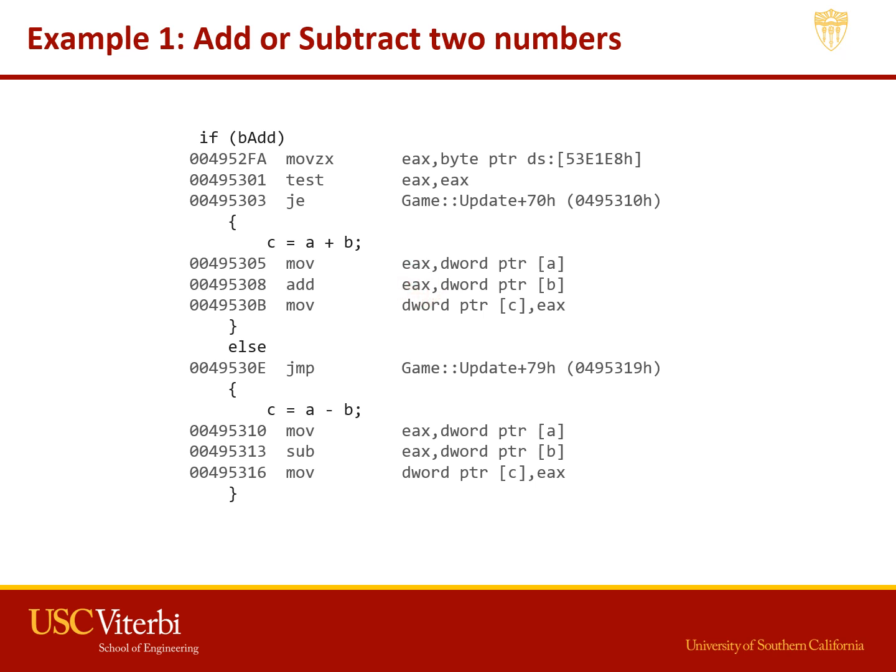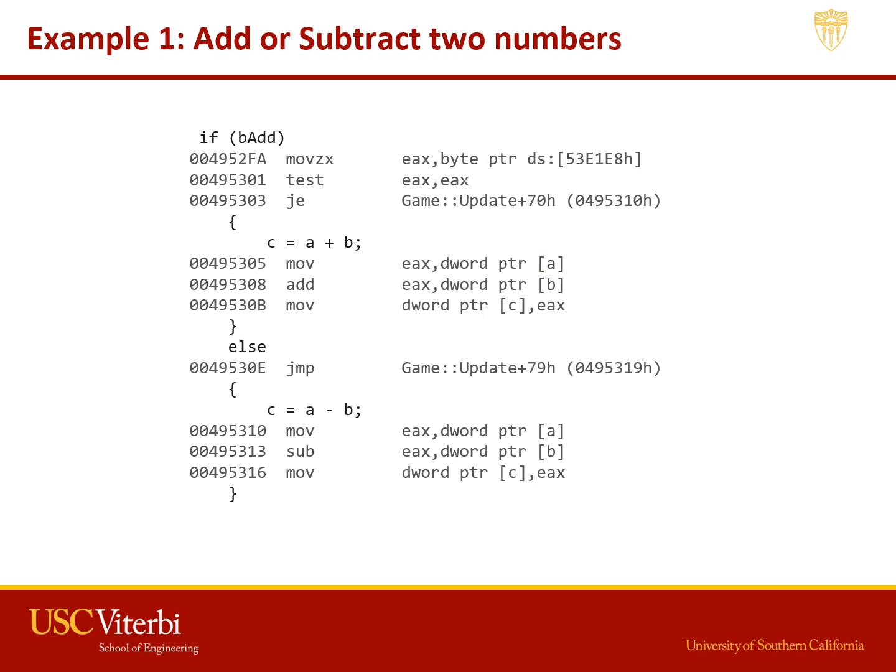So EAX now holds A plus B. Okay, last instruction, move into a pointer C. So we're going out to memory, destination first, out to memory at something called C from EAX. Okay, so C equals whatever's in there. What is in there? That is A plus B.